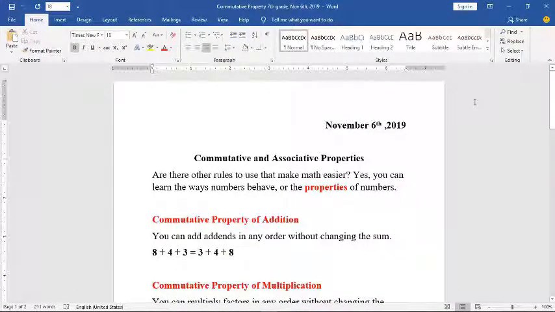Okay, commutative and associative properties. Are there other rules to use to make math easier? Of course, yes. We can learn the ways numbers behave, or the properties of numbers.